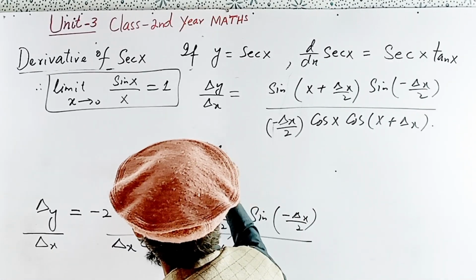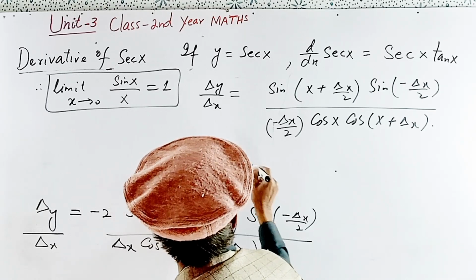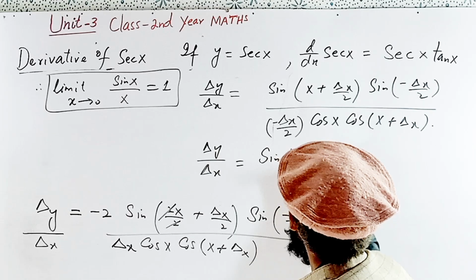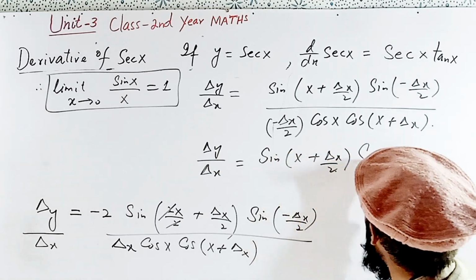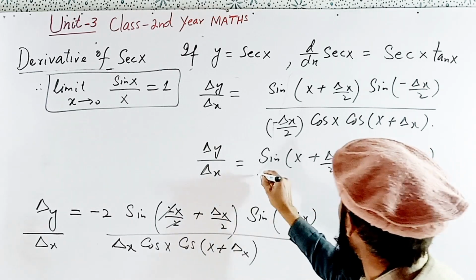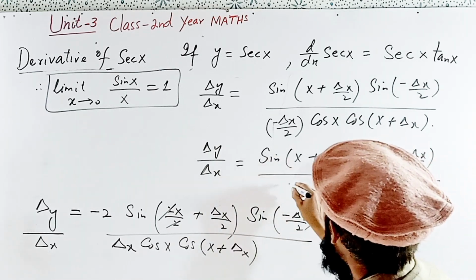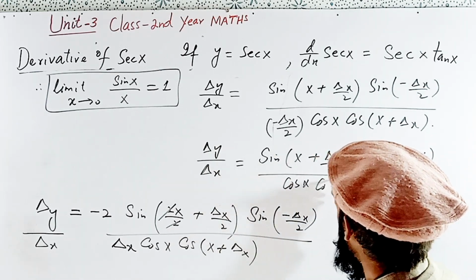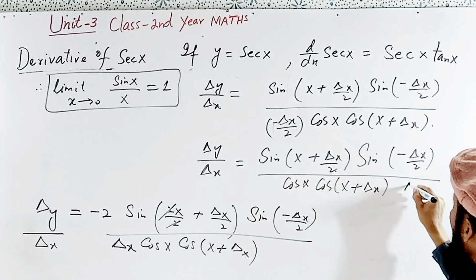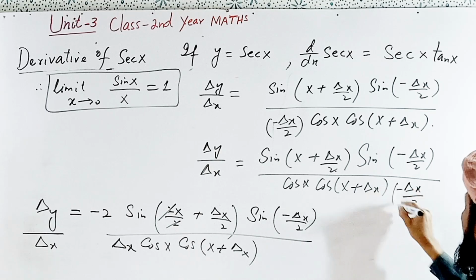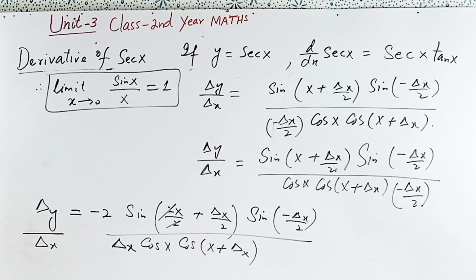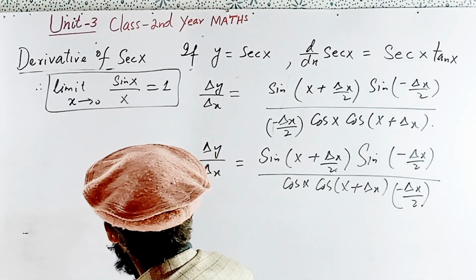Delta y divided by delta x is equal to sin of (2x plus delta x) divided by 2, and sin of minus delta x divided by 2, divided by cos of x and cos of x plus delta x, and we can write delta x divided by minus 2. We arrange accordingly, bringing this term here because this is multiplication. Limits are applied.